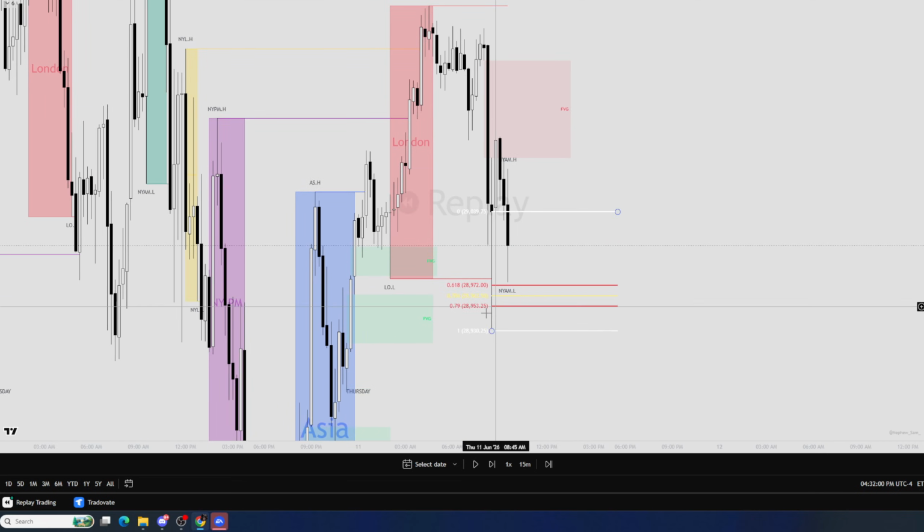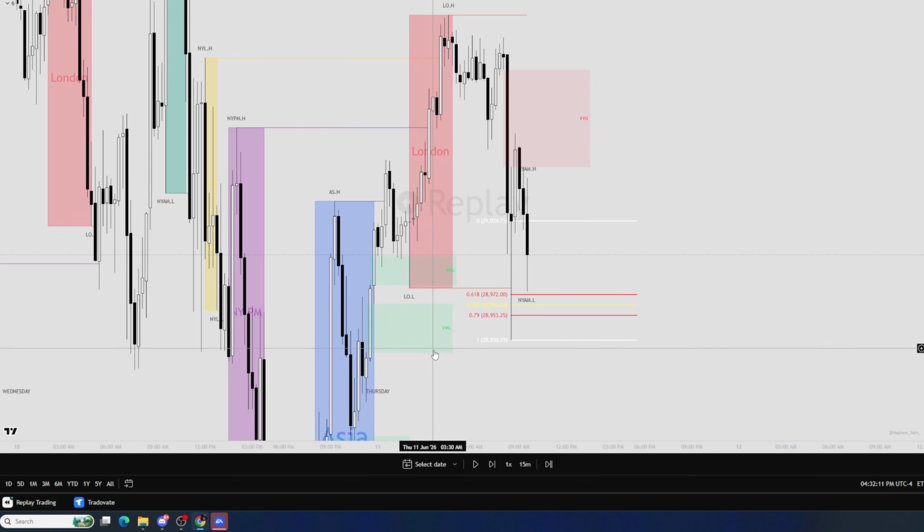Sometimes I want to take this rejection block just because there's a fair value gap right here, but there's also a fair value gap right here. So that's why I would take it. If there was no fair value gap here, and it only rejected off this London low, I probably wouldn't do it. And I'd probably go for this rejection block unless it's been tested.